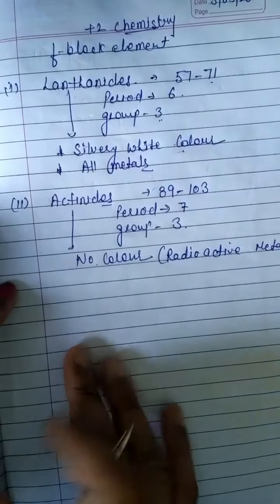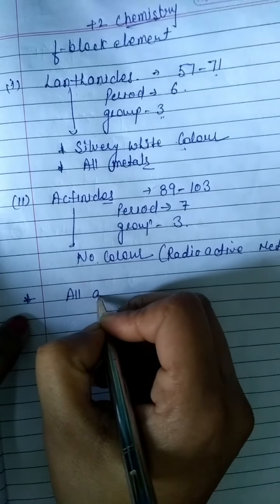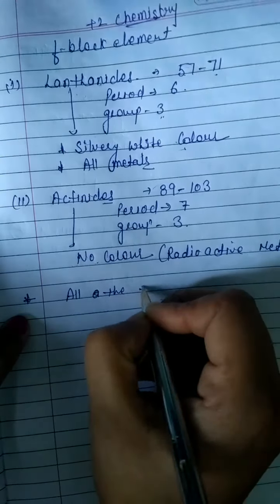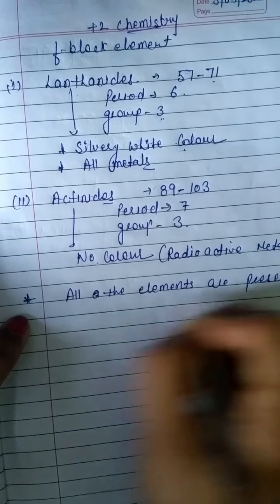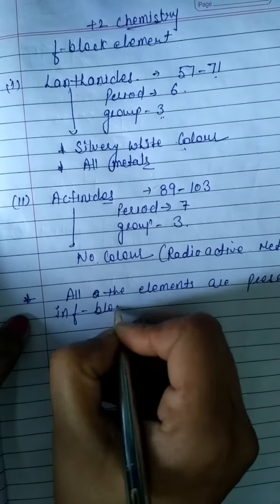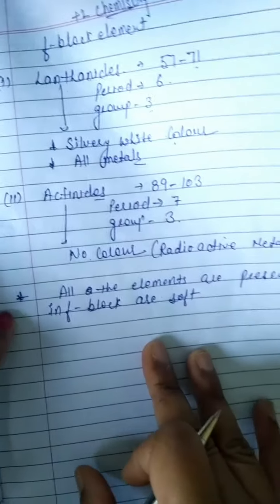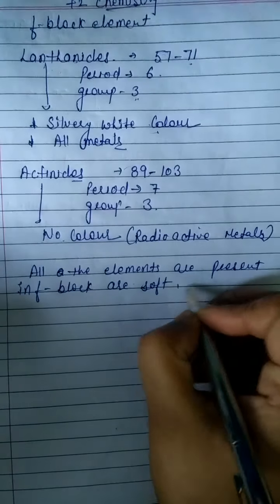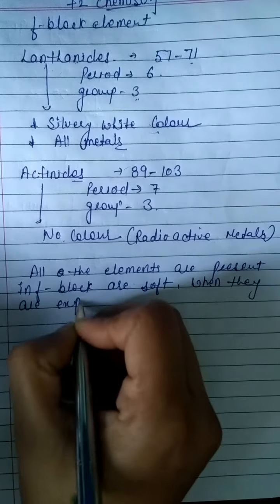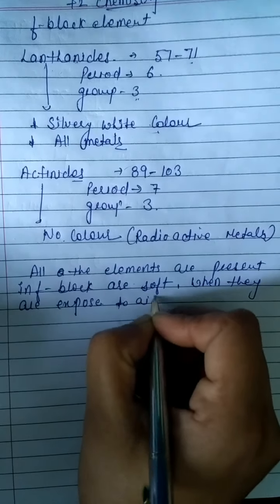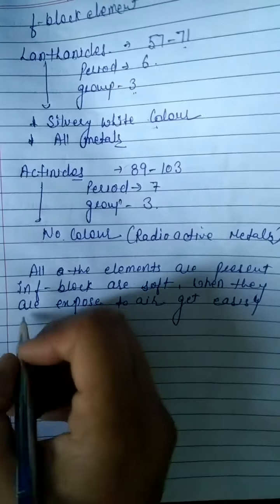Clear? Next important thing about the F block elements: all the elements present in the F block are soft in nature, and when they are exposed to air, they get easily oxidized.